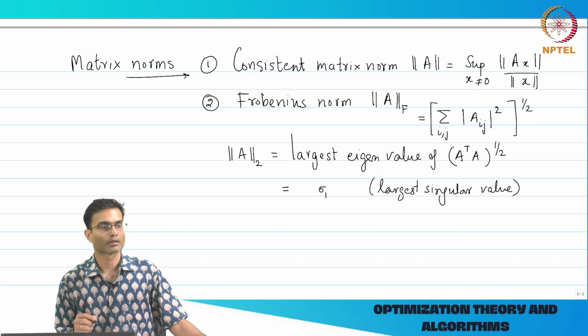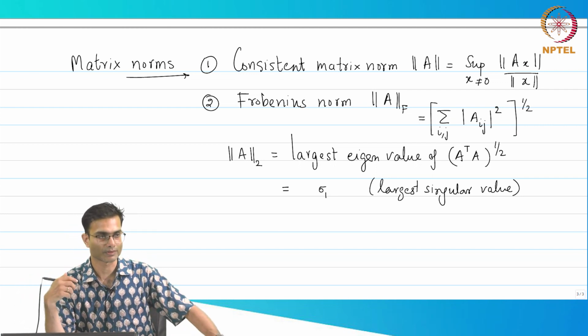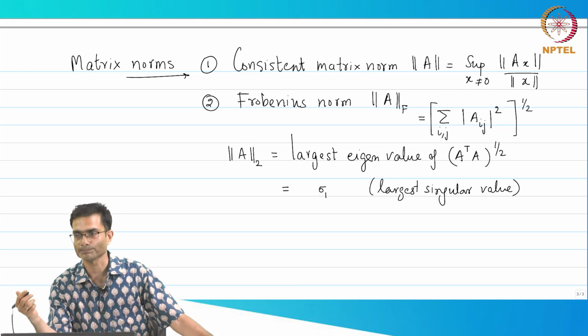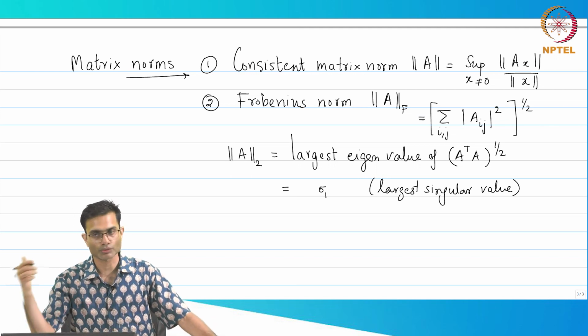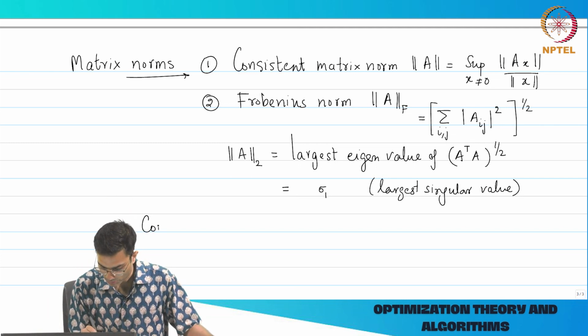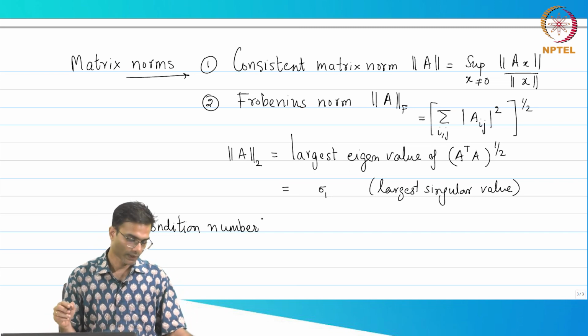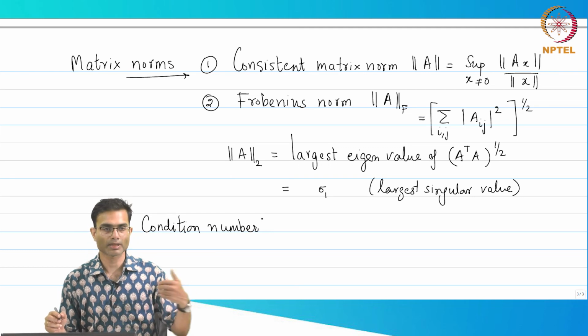Now related very closely, once I have the definition of a norm, there is something which gets used a lot in linear algebra and also in optimization, which is something called the condition number. We will talk about the condition number as we go into the course.